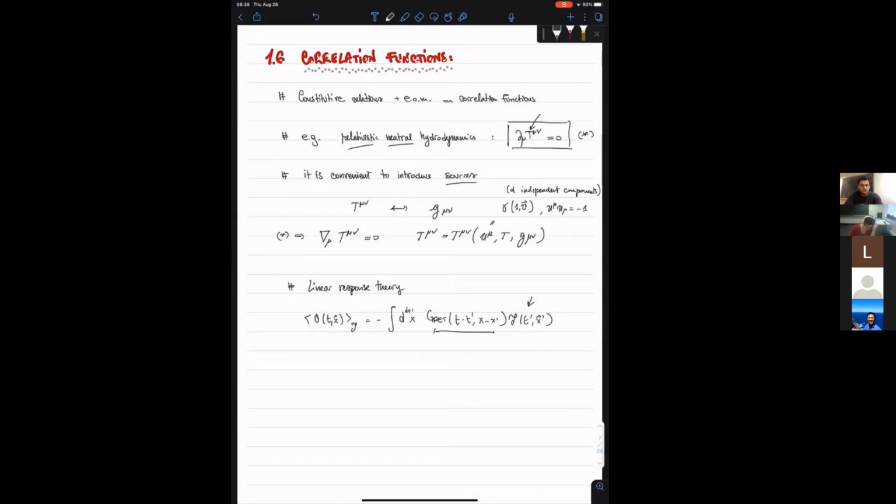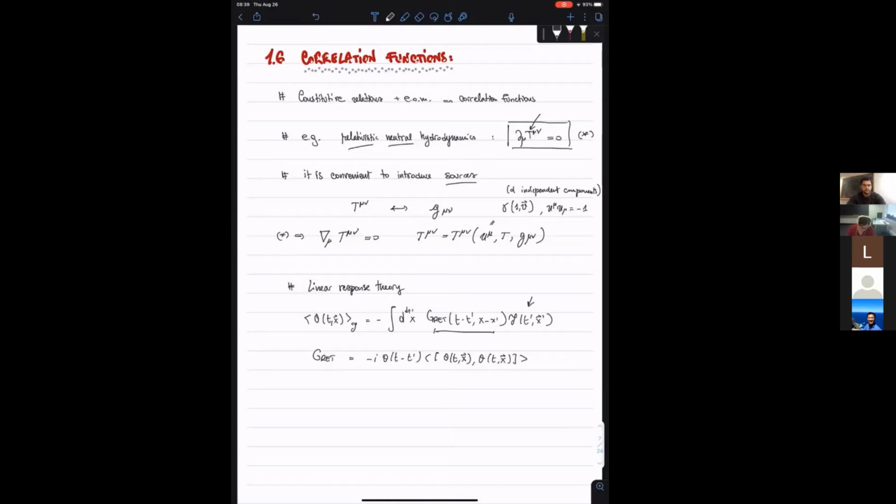So this retarded Green's function is, in fact, written using the Heaviside theta function, which tells you that it's relevant only after the perturbation is turned on. And it's a particular combination of these operators, the antisymmetric combination of these operators.